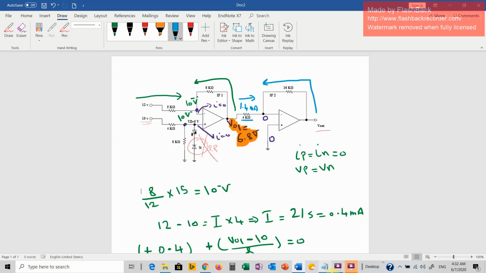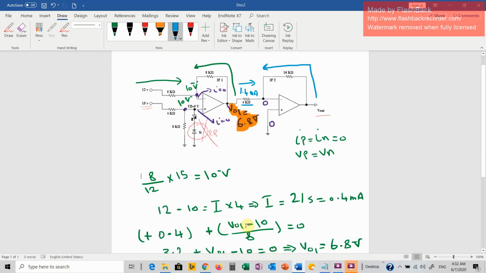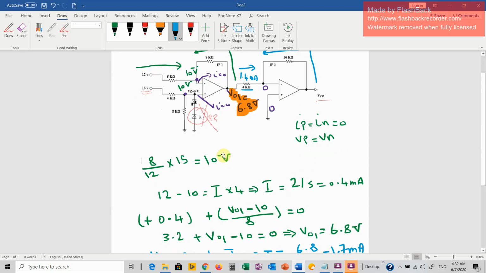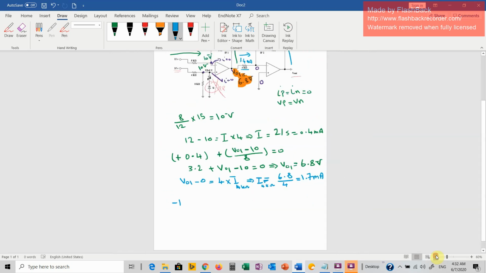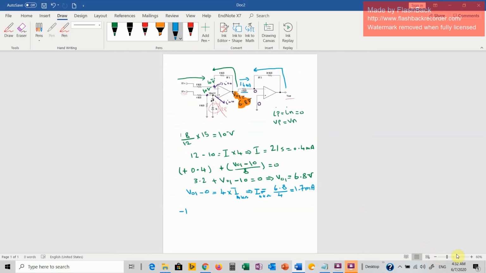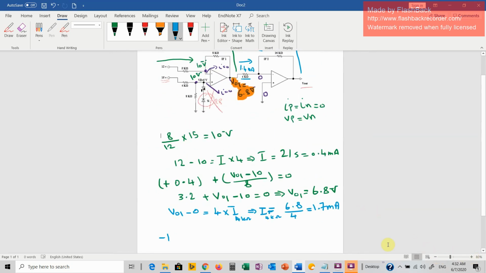So now simply we can find V out using the node voltage method. Let me zoom out so we can see the circuit a little bit.